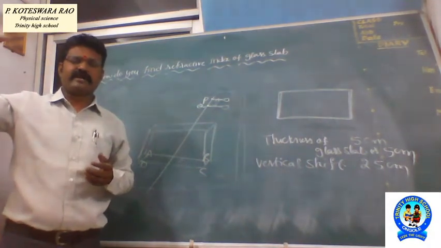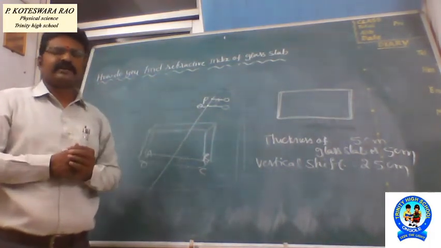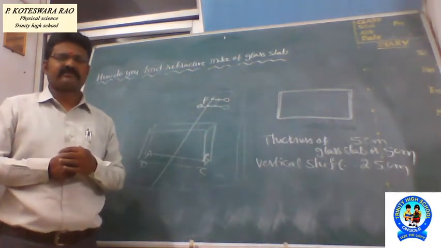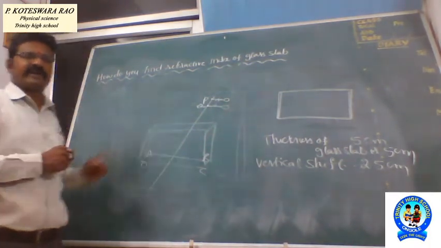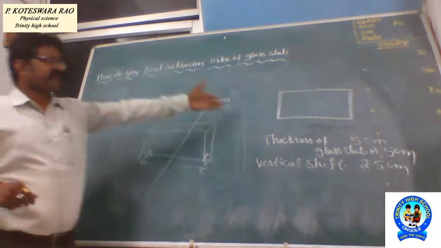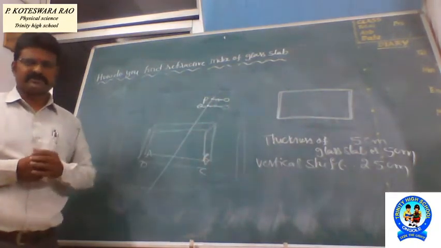If you rotate that barrel, it rotates automatically. It is used to find the thickness of a glass slab or the diameter of a thin wire. So here we want to find the thickness of the glass slab, and we note it down. It is considered 5 centimeters.